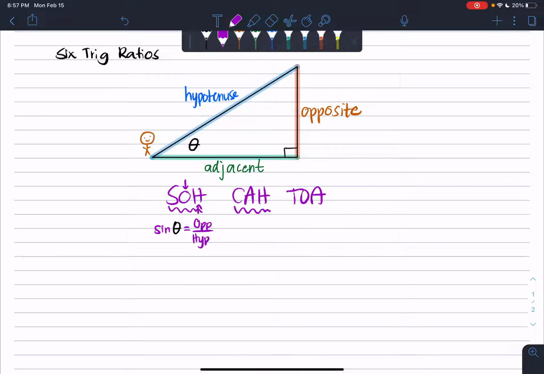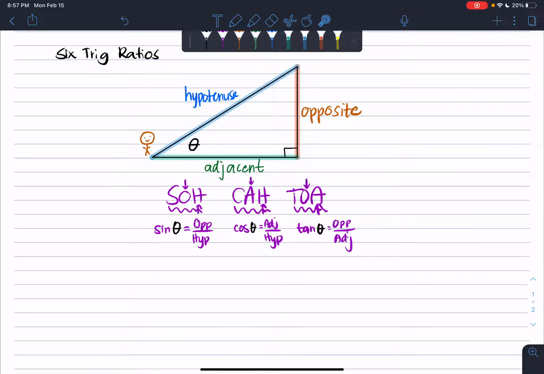CAH helps us remember that cosine of theta is equal to A, adjacent, over H, hypotenuse. And TOA helps us remember that tangent of theta is equal to O, opposite, over A, adjacent. So this is nothing new to us here, right? But now here we go.